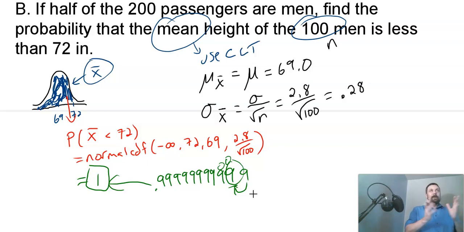Wherever it does ask you to round, you're going to round it up to 1. And so your answer will be 1 in this case for part B.